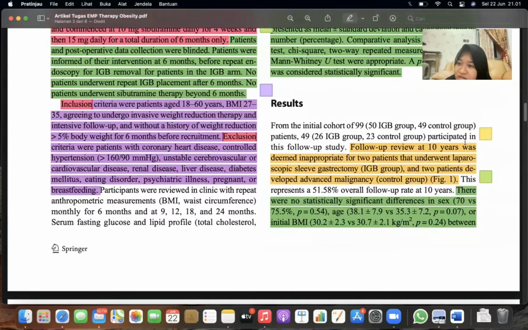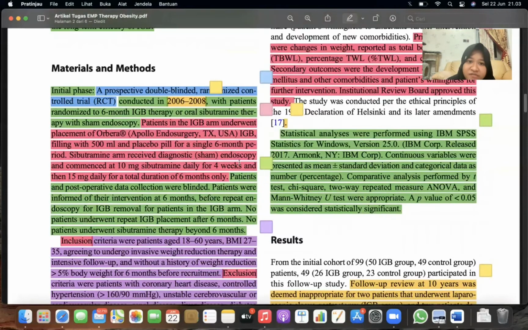After that, 13B, for each group, losses and exclusions after randomization together with reasons. The answer is here. We can see it highlighted in yellow.